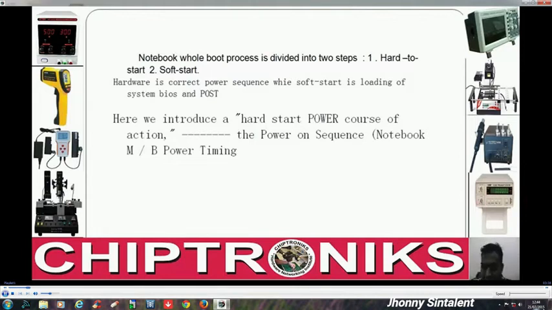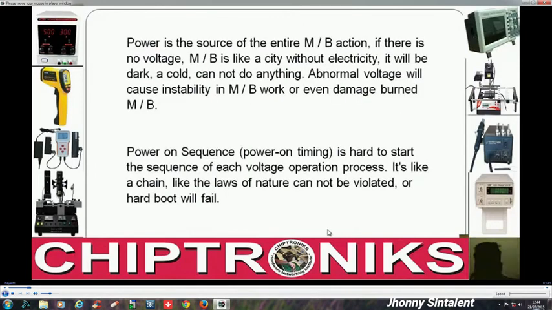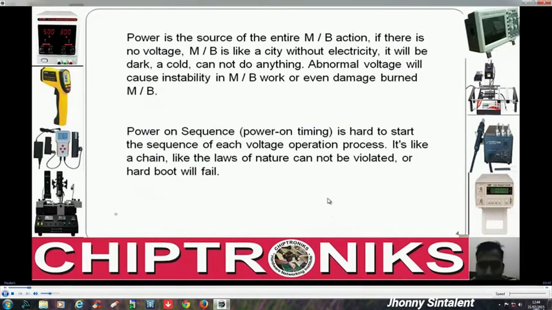So right now, after finishing the entire concept of hard start, we'll go into soft start. As I said, a notebook starts in two stages: hard start and soft start. In the hard start, the entire set of notebook components gets its required voltages. You can treat a notebook as a city where, if you do not supply electricity, it won't do anything.